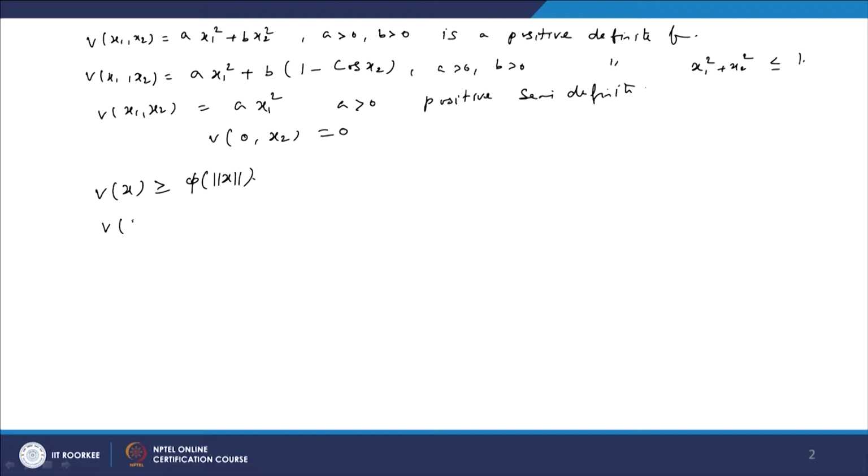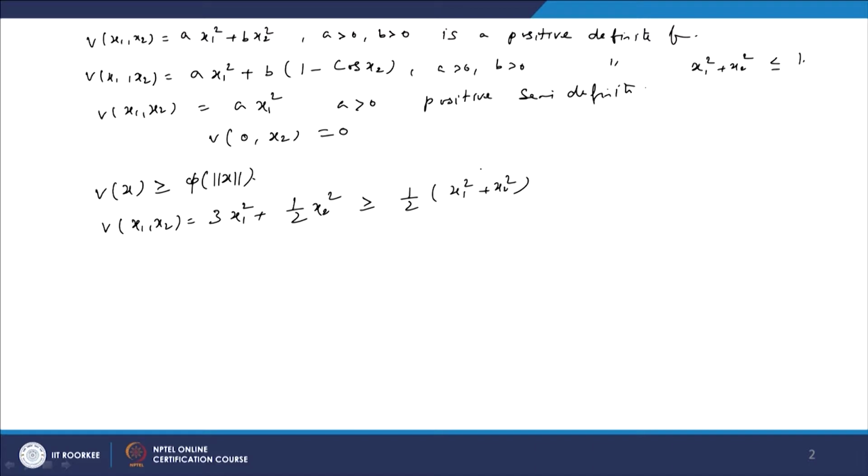For example, if v x1 x2 is 3 x1 square plus half x2 square, it is obviously a positive definite function, and we can also see that it is greater than or equal to half times x1 square plus x2 square.